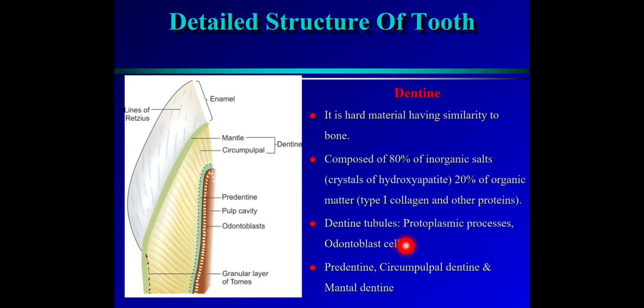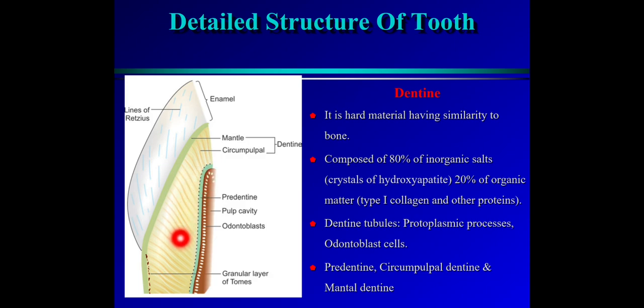These dentine tubules are surrounded by organic material. These form the dentine tubular sheath. So the dentine is formed by the dentine tubules, and the dentine tubules are surrounded by the dentine tubular sheath. This is the structure of the dentine.